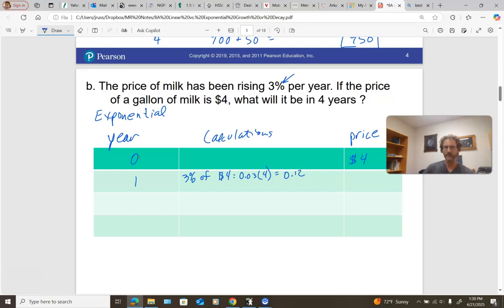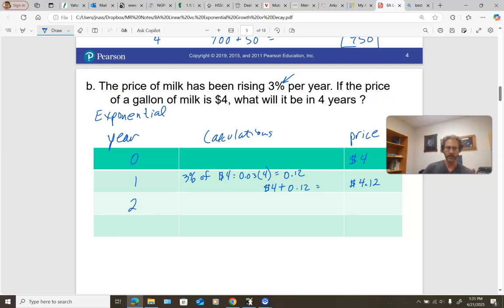Okay. Now to find the final price, you add the initial price to it. Well, it was initially $4 plus the amount by which it grew, 12 cents, and that gives us a total price at the end of the first year of $4.12. So it's increased by 12 cents. Okay. Now you're going to do that repeatedly.